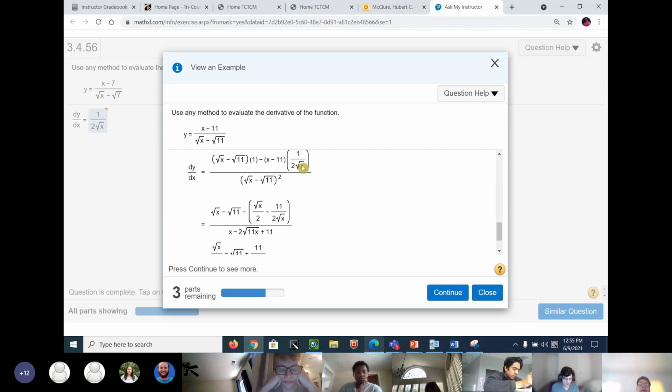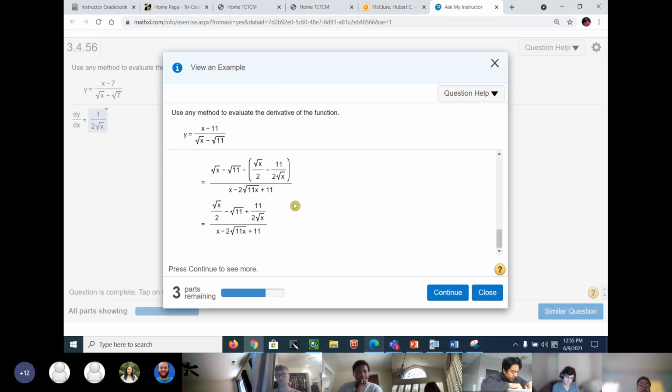Right here, that negative and that negative is negative x over 2 square root of x right there, minus 11 over 2 square root of x. We did that. And then distribute that negative.